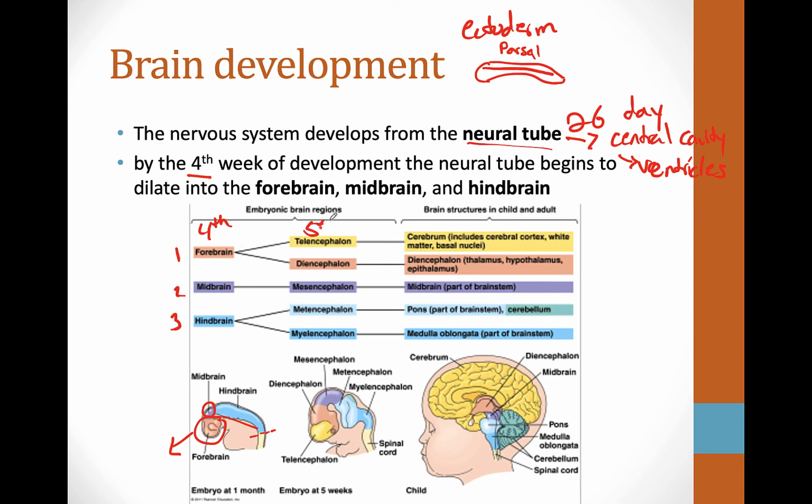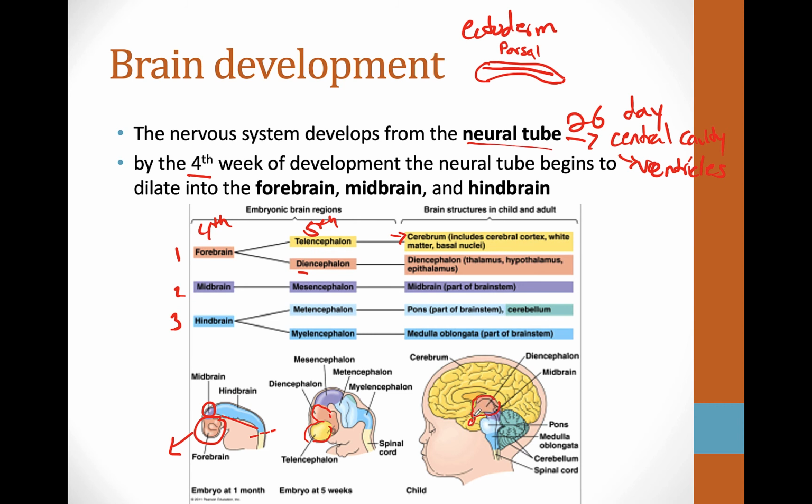By the 5th week, this is going to start to divide again into these five subdivisions. Starting from rostral, the most rostral is the telencephalon. The telencephalon has these two enlargements that are going to become the two sides of the cerebrum. The diencephalon is right behind that, and that's going to become the thalamus and the hypothalamus.